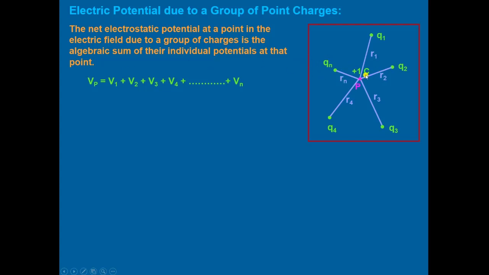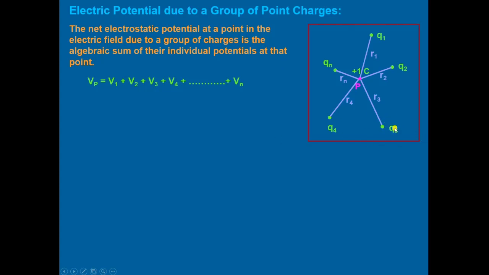What we have said is, the net potential at a point in an electric field due to a group of n charges will be equal to the algebraic sum of their individual potentials at that point.